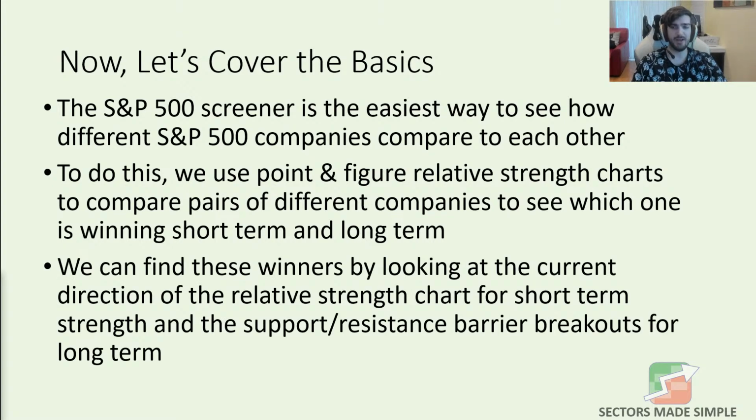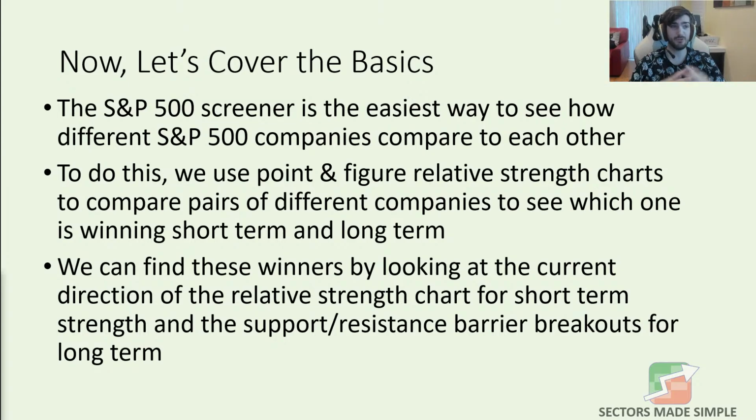When we find these short and long-term winners and losers, what we can do is compare each of these companies. So we compare Apple against Tesla, Apple against AMD, Apple against Microsoft, Apple against Meta, everyone. We compare Apple against every other company in the S&P 500.